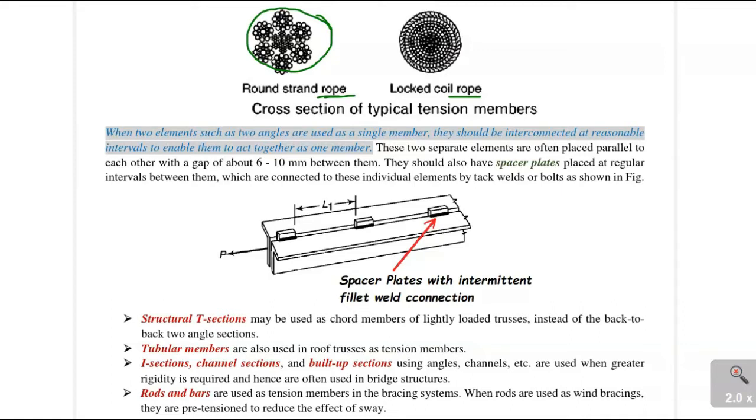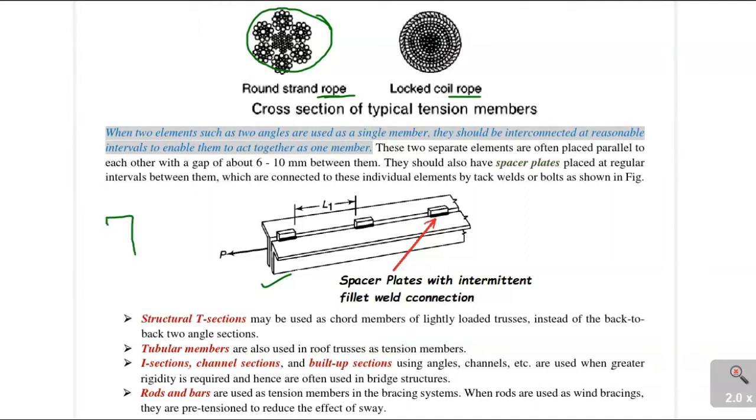So when two elements or two members are being joined to form a single tension member, they have to be interconnected properly at reasonable intervals. For example, this image here shows two angle sections joined back to back to form a single tension member, right?